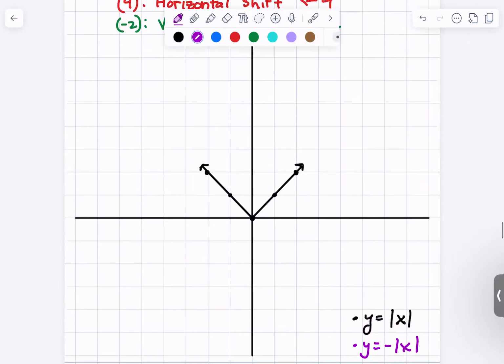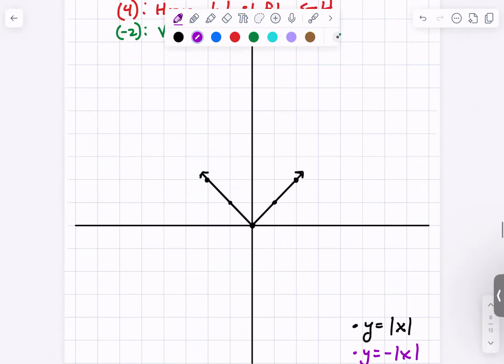And remember, when we reflect it over the x-axis, right? This point here stays the same. The other points flip across the axis.